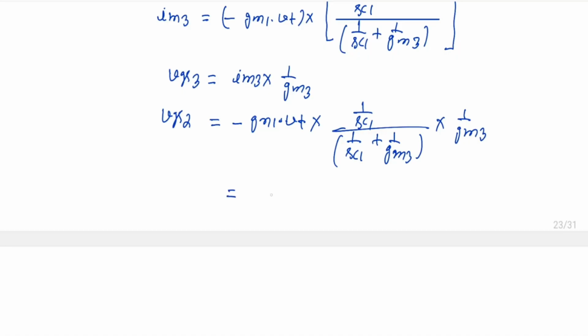After solving, we get minus gm1 into Vt into, so gm3 will cancel out, and sC1 also will cancel out, so we will get 1 by sC1 plus gm3.